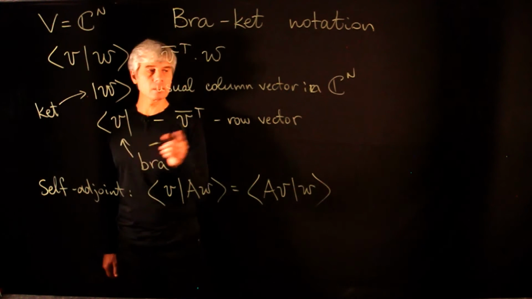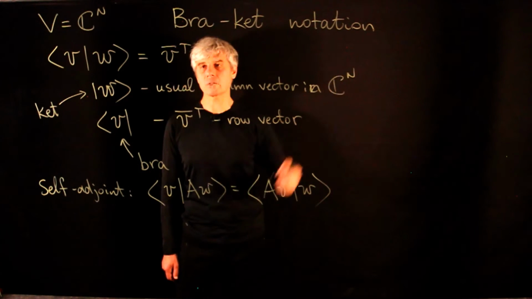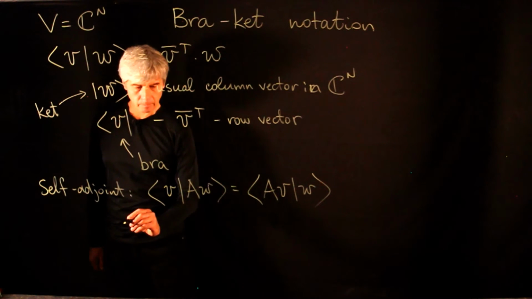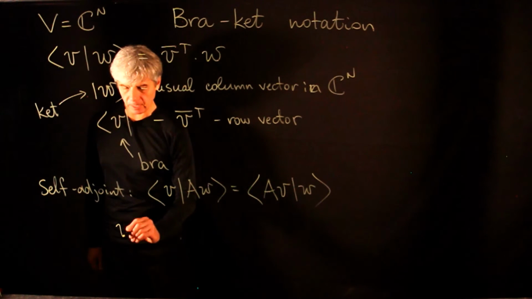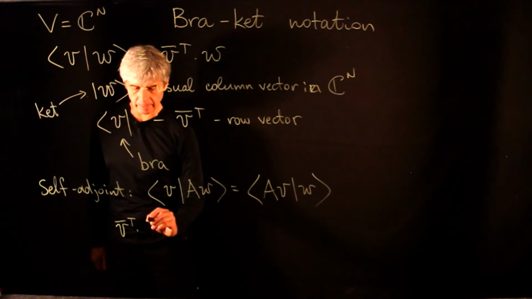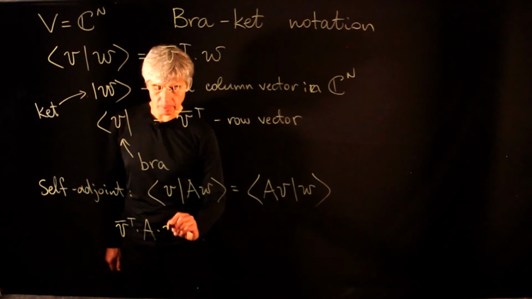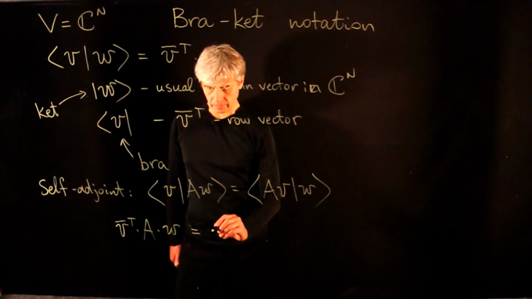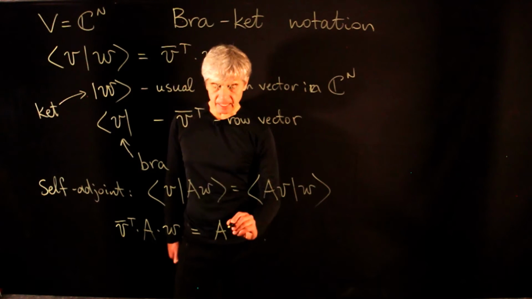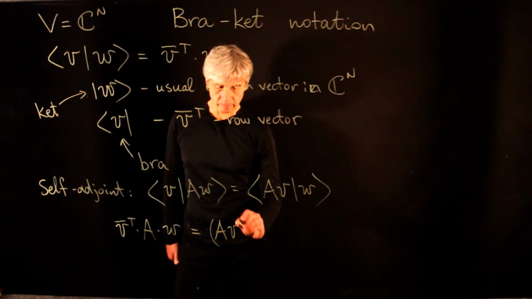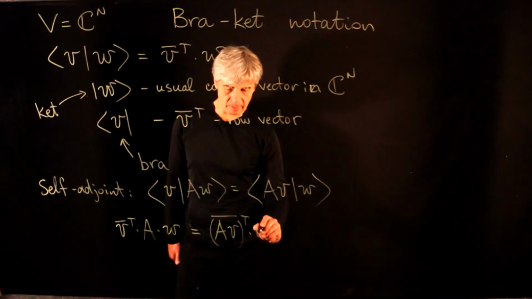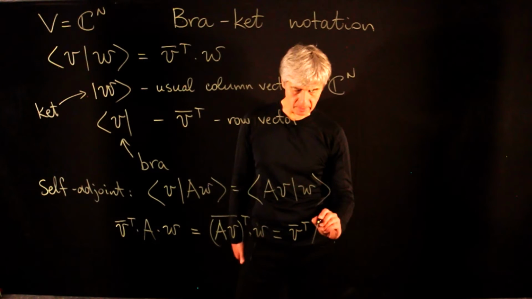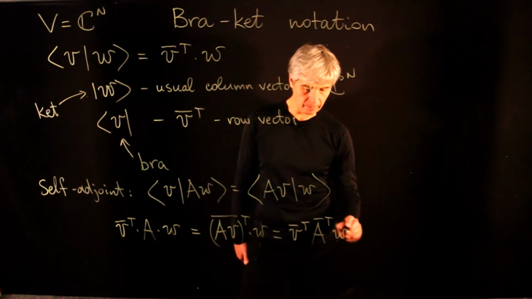Or in terms of the standard product on C^n, this means that V bar transpose times A times W is equal to AV bar transpose times W, which is equal to V bar transpose times A bar transpose times W.